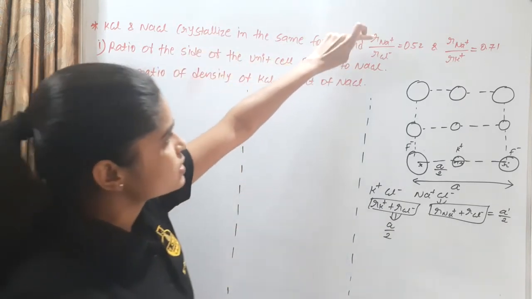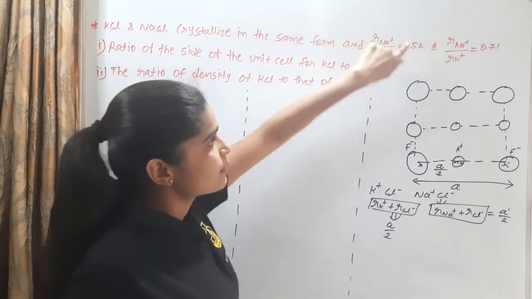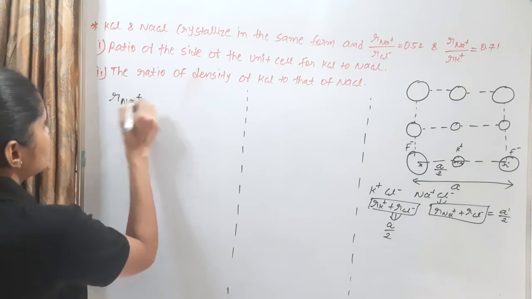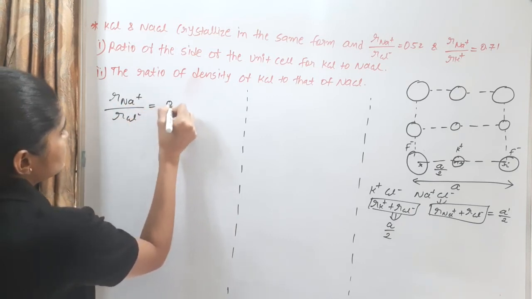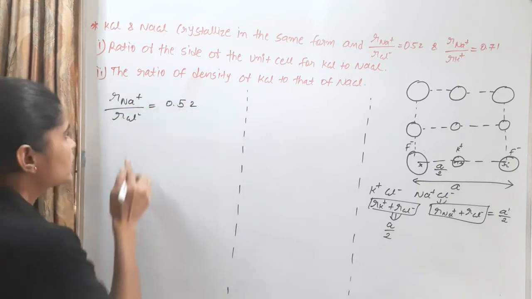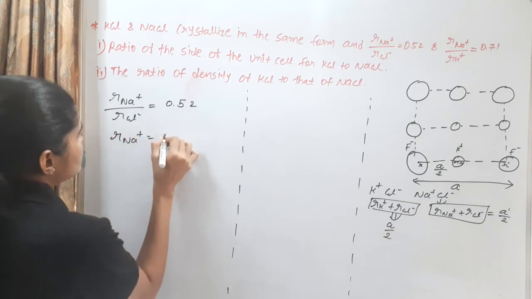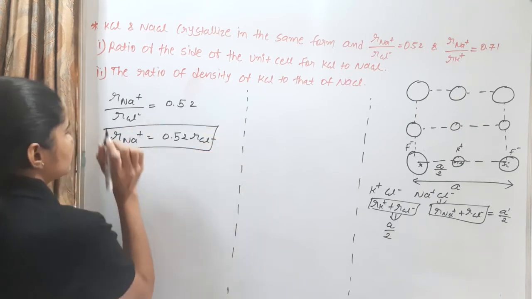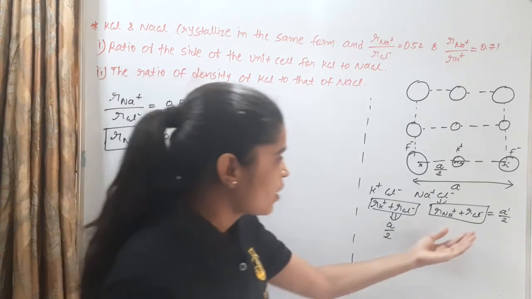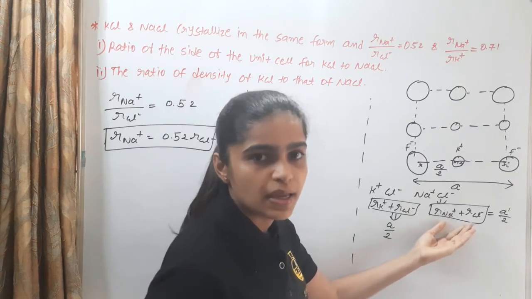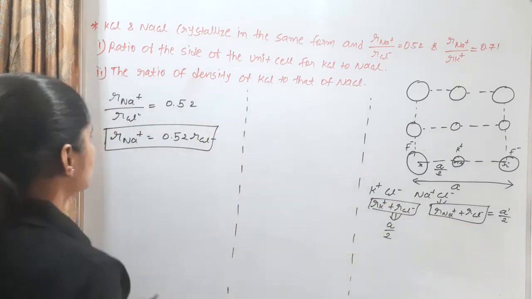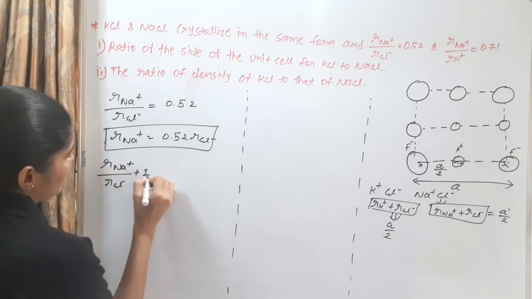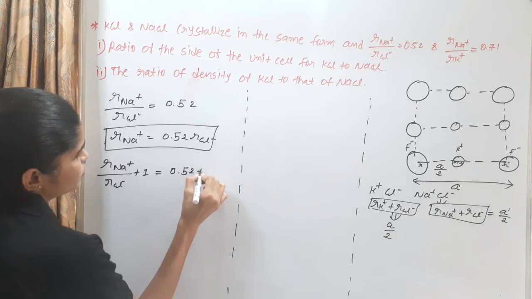Then the given value is r_Na+ divided by r_Cl- is equal to 0.52. We write that r_Na+ is equal to 0.52 r_Cl-. But we need r_Na+ plus r_Cl-, so adding 1 to both sides: r_Na+ upon r_Cl- plus 1 is 0.52 plus 1.